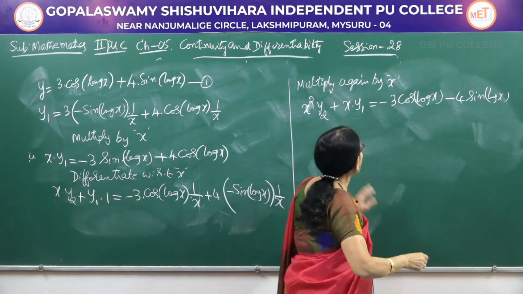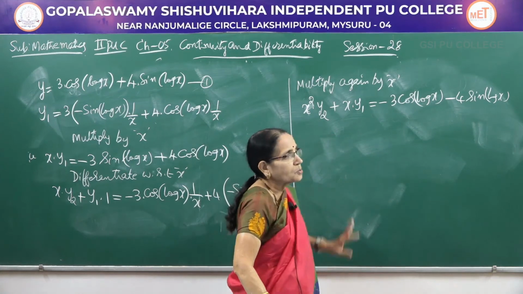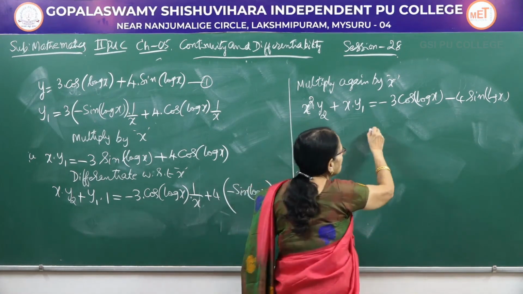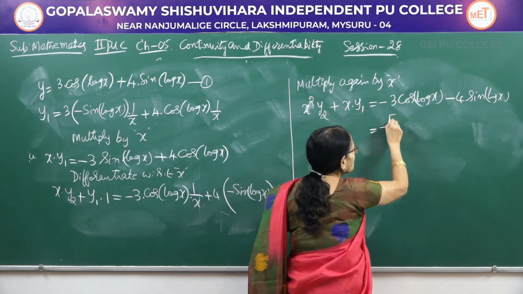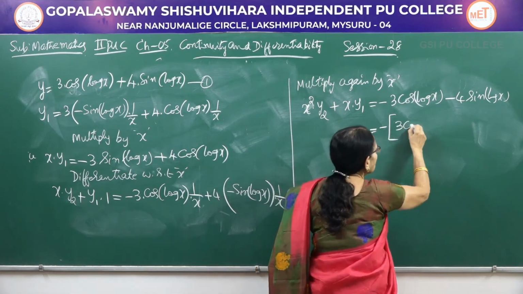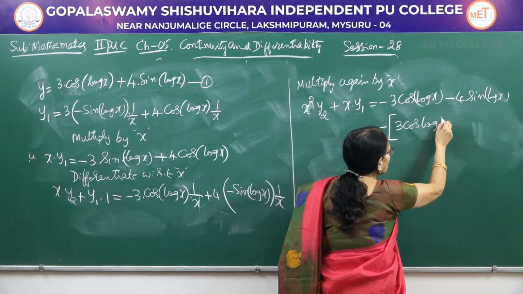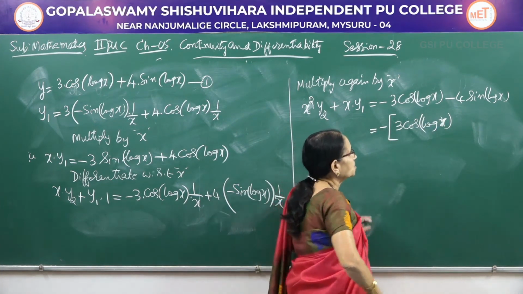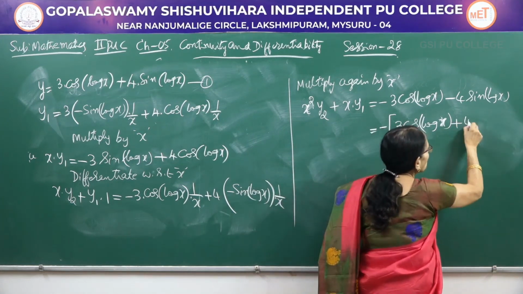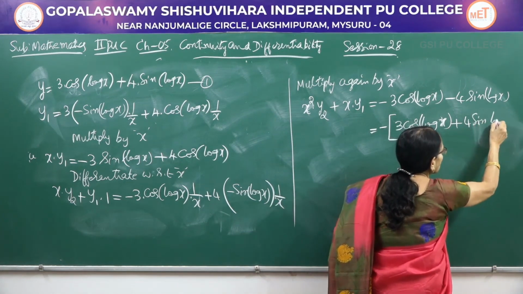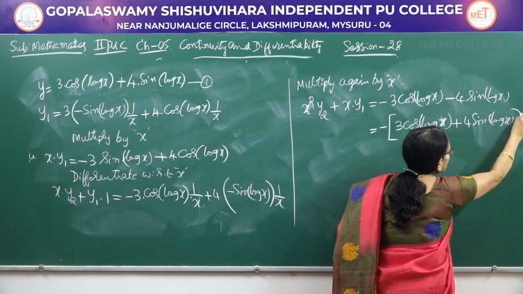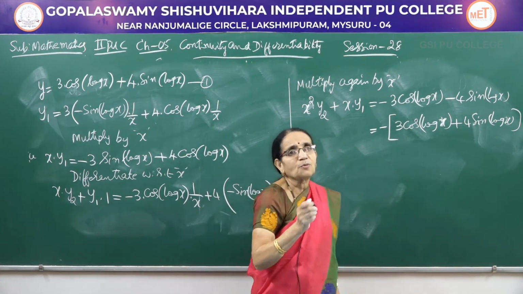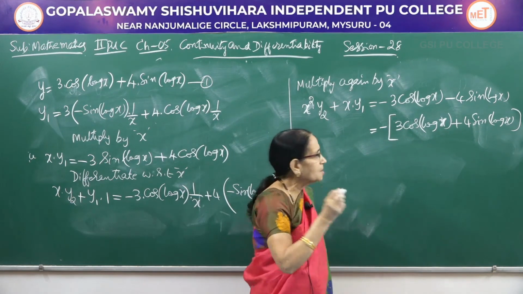Okay. Now left hand side almost 2 terms we got the required answer. Only one term is remaining. Right hand side, look, suppose I take the minus sign outside, it is minus of 3 cos log x plus 4 sin log x. Look at the first result. It is nothing but the given function which we denoted as y.